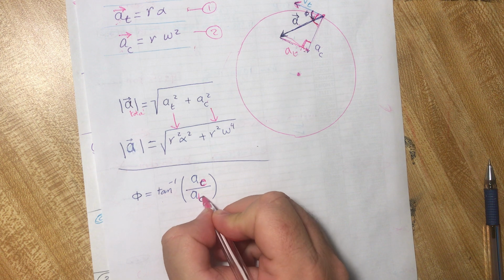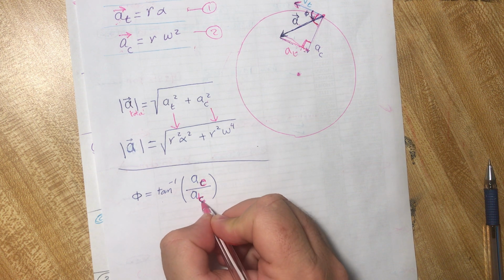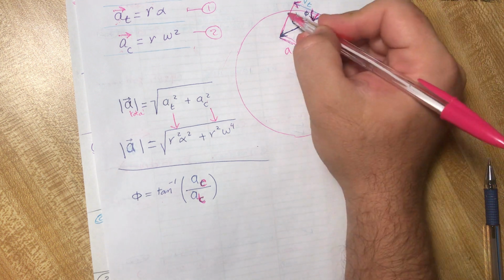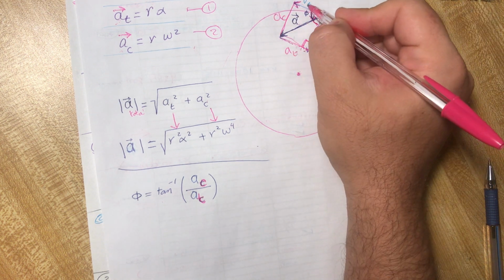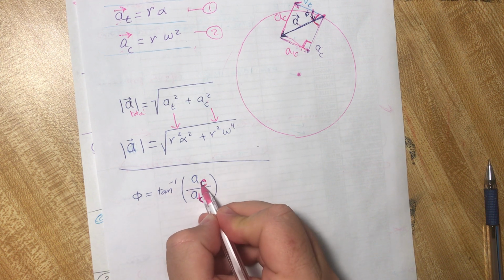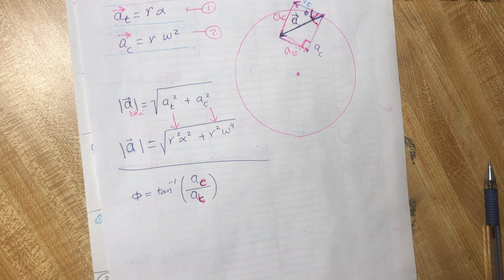This is phi, this is AC, this is AT. So phi is equal to tan inverse AC over AT.